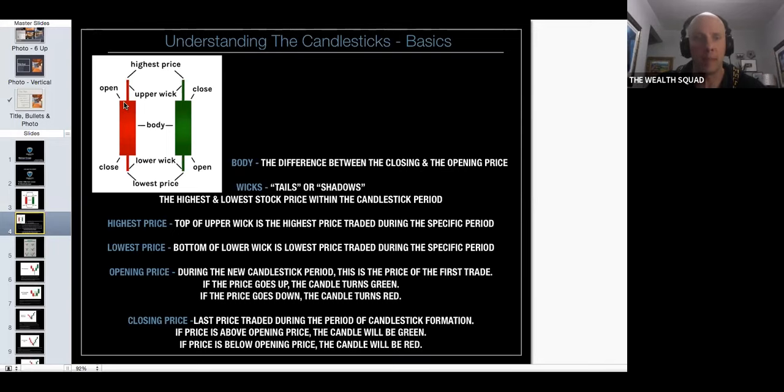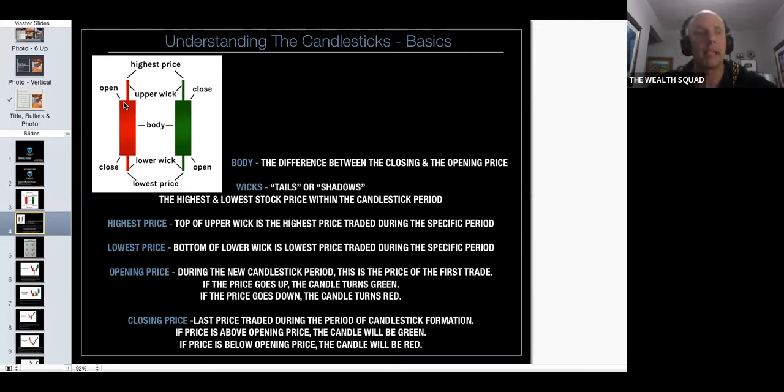And your opening price is going to be during the new candlestick period, right? If the market opens, it begins a new candlestick period. If you get to the hour flip, it starts a new hour candle, right? So that's going to be the price of the very first trade.